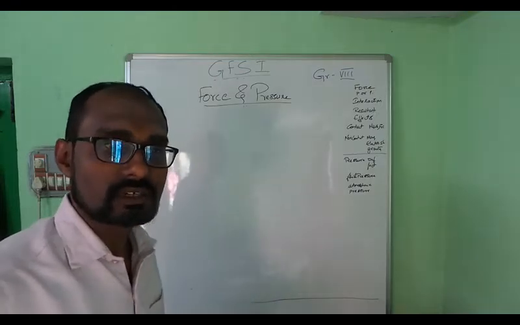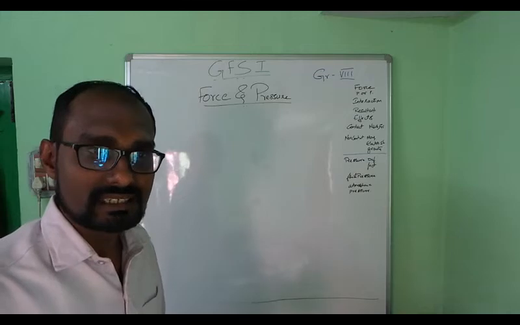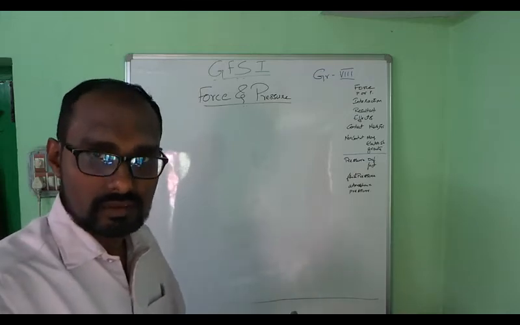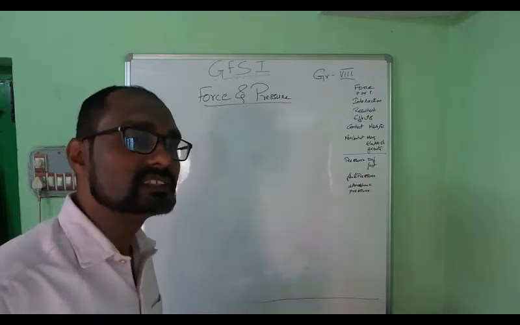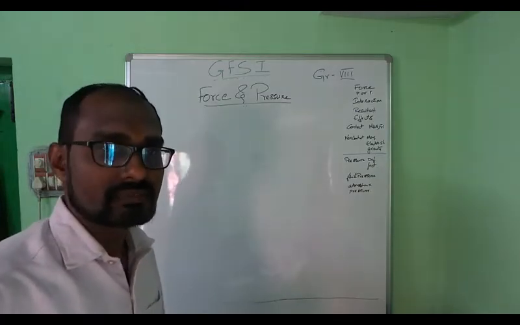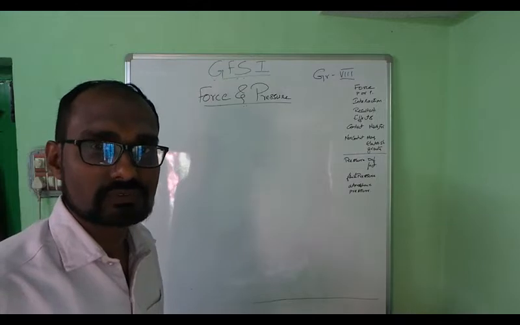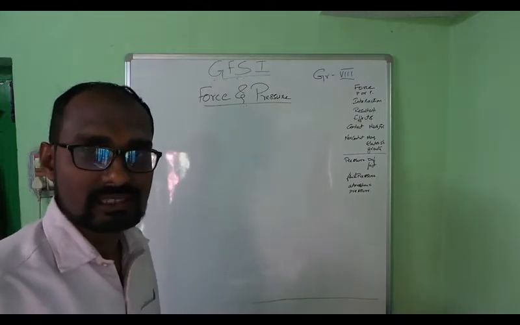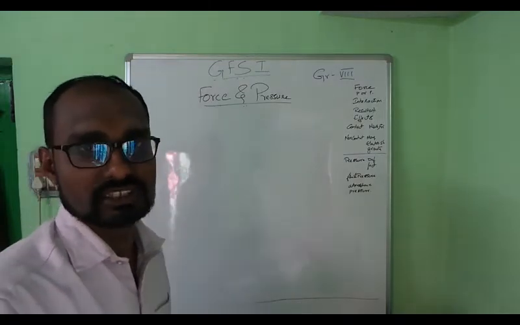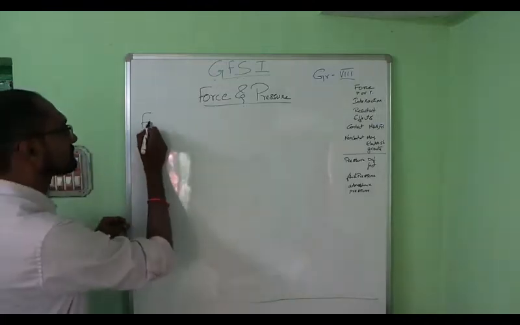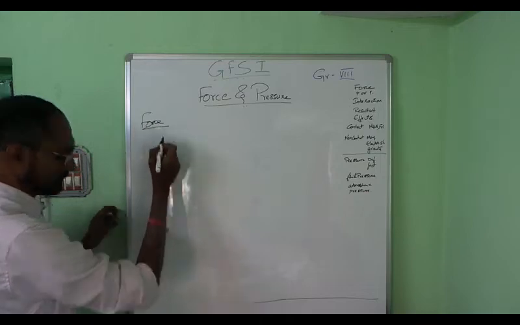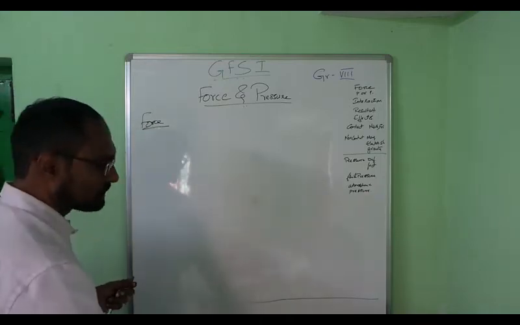You see, if the person who is exerting force is in front of the object on which force is exerted, then we say it is pulling. And if the person or the agent which is exerting force is behind the object, then we say it is pushing. So in simple terms, we can say force is nothing but a push or a pull.